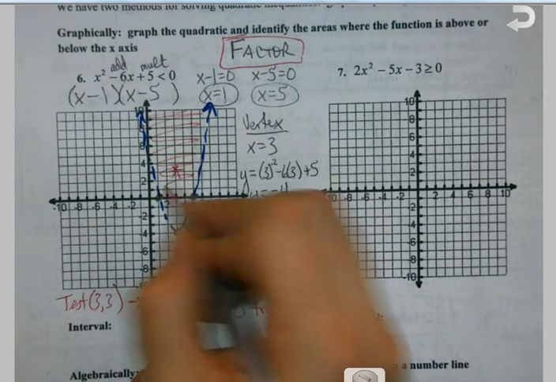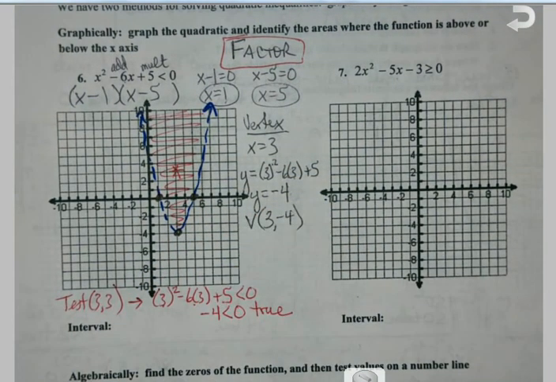Now here's where the additional part comes in. There's a way for us to write our solution in interval notation. All the infinity stuff is back. Yes, it is. When we color inside, we're just going to use the intercepts as our values.